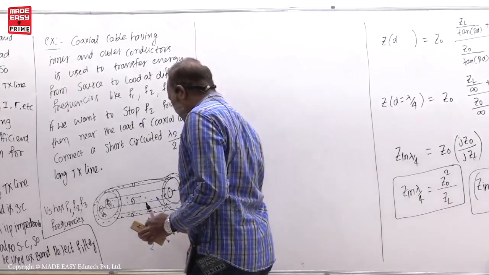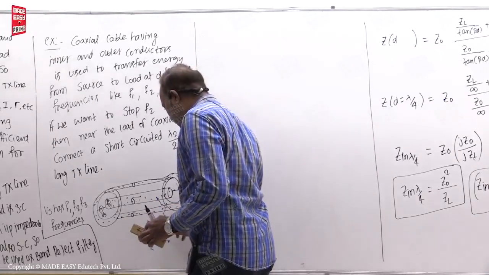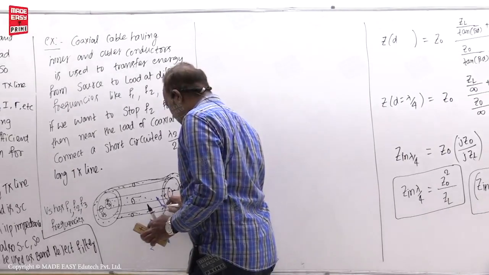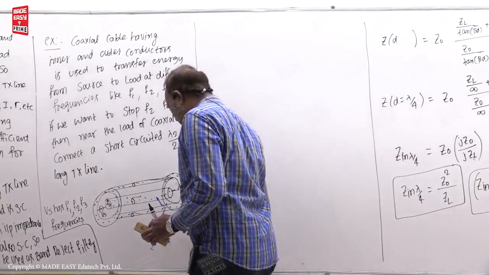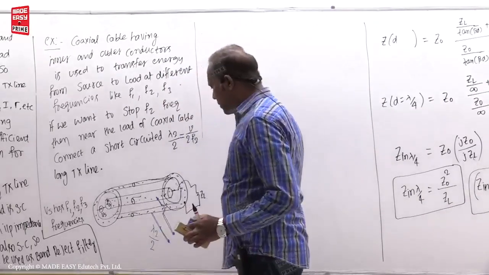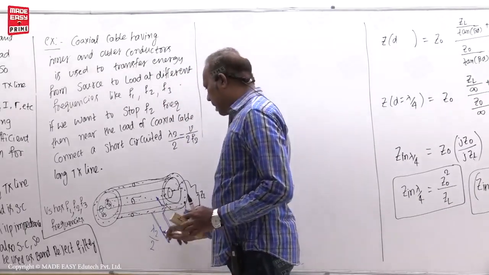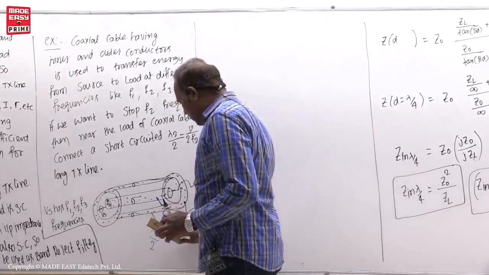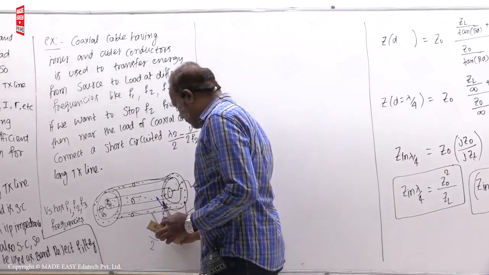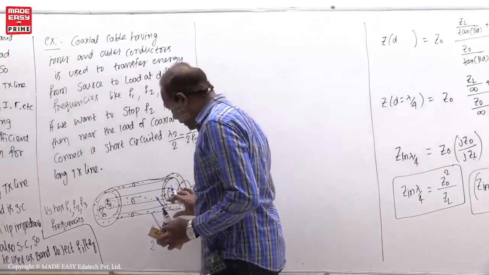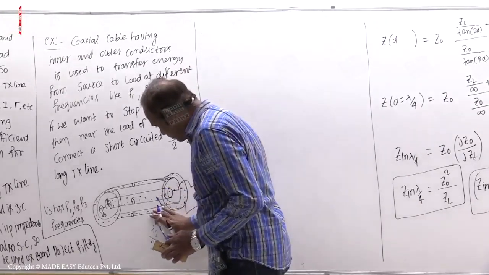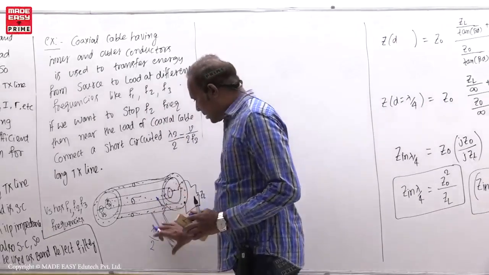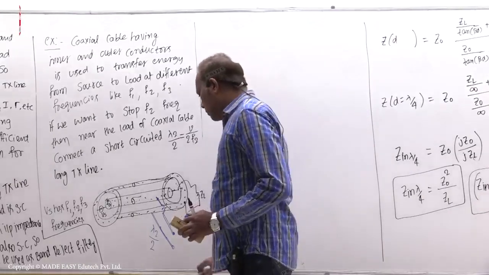I will put this little thick conductor like this. This is a transmission line of length lambda by 2. Now you may think, sir, here more length is there. If you want to maintain the same length, you can maintain the same length, no problem. So like this, this length is the same, lambda by 2.